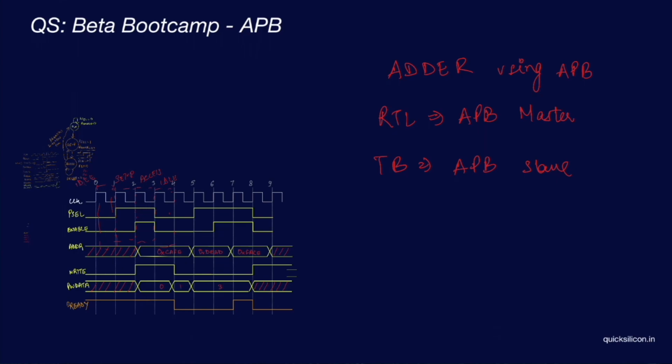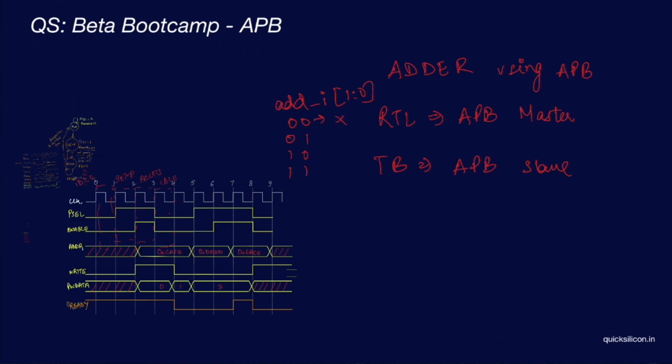Then what happens is that your RTL would consist of one signal. Let's call it add_i, which is a 2-bit signal, and it is defined as follows. Whenever it is all zeros, there is no operation to be performed.